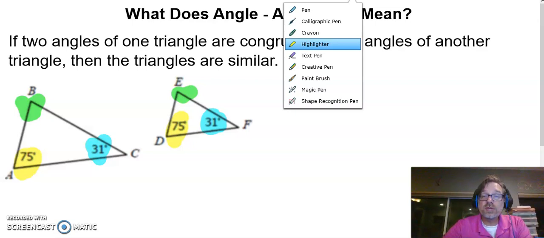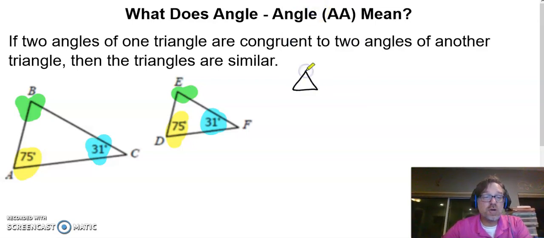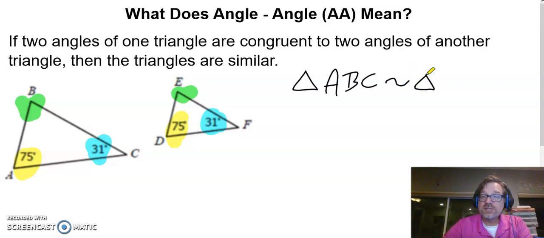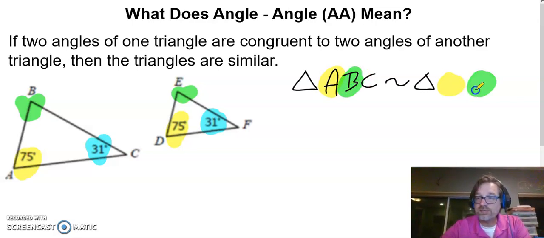So what we know here is we know triangle ABC is similar to triangle. Now let's look at the order we went in. It's important, remember, that our order lines up. We did yellow first, so yellow needs to come first over here. And then we did green, because that's B, and so that means green has to be second over here.